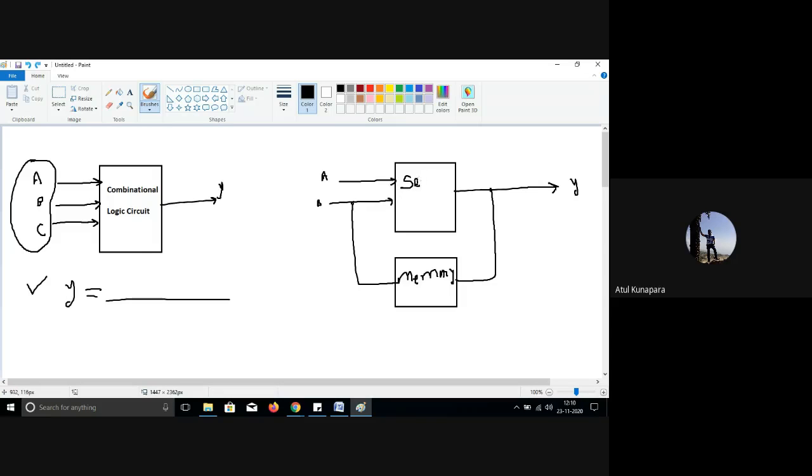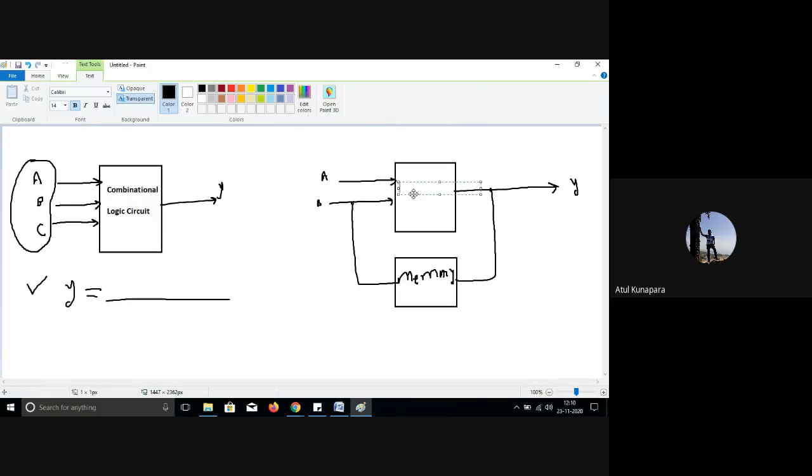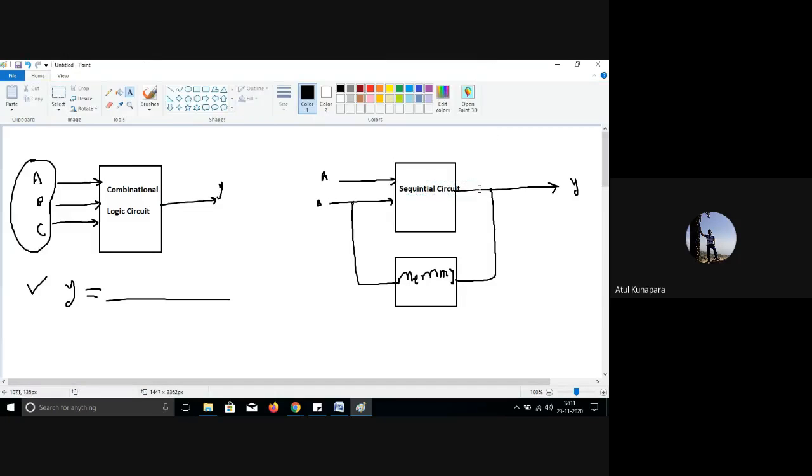In a sequential circuit, a sequential logic circuit will have a combination of logic gates as well as a memory unit, and that is why the output Y of this sequential logic circuit will also depend on the past output.